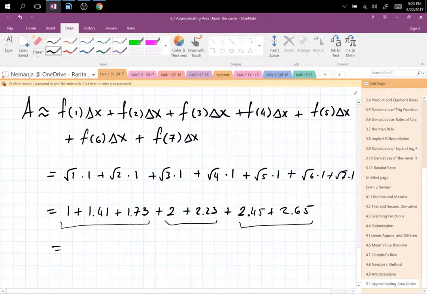So this is 1, 4, then a 4 there, plus 4.23 plus 5.1, and that's going to be 13.47.